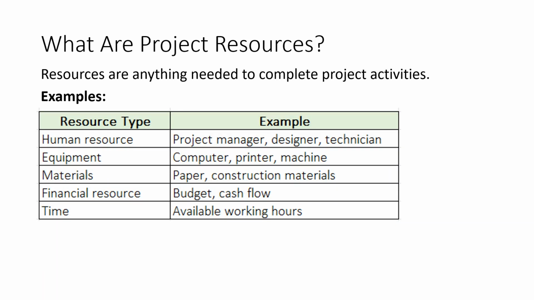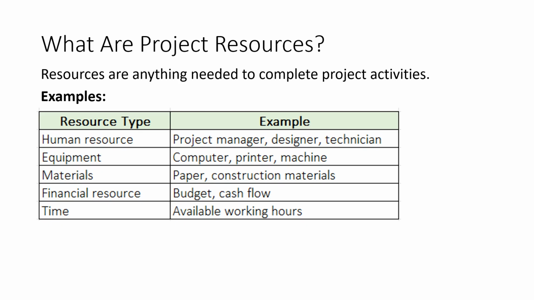Project resources are anything needed to complete project activities. The most common resource is human resource, such as project managers, team members, designers, technicians, and also administrative staff. Another type of resource is equipment. For example, computers, machines, printers, or laboratory equipment. Materials are also resources.